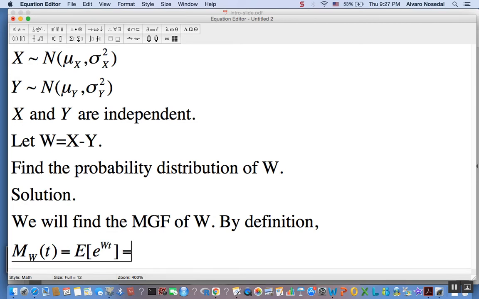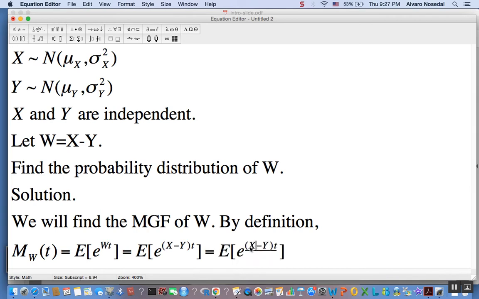Now, by the way W is defined, that is the same as the expected value of e to the power t times X minus Y. Let's do a little bit of algebra. This happens to be the same as the product of two exponentials.